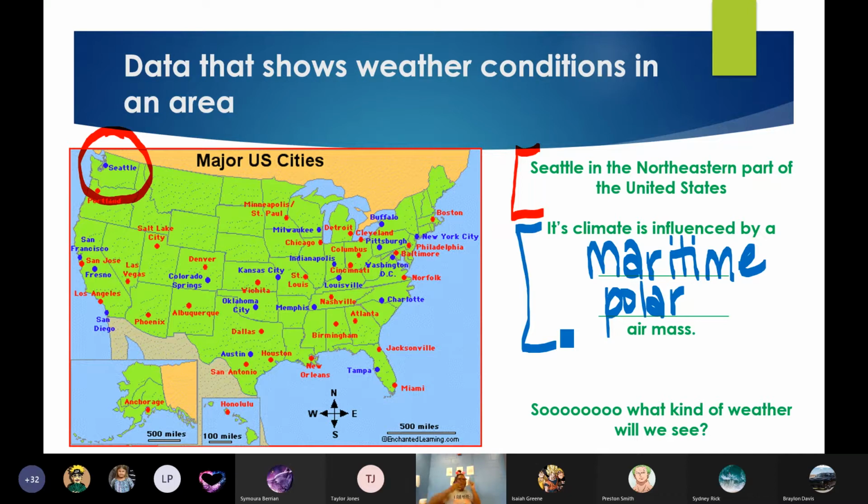Because of that, I need to be thinking about what kind of weather conditions I will experience in Seattle. We want to remember what kind of air comes along with a maritime polar air mass.